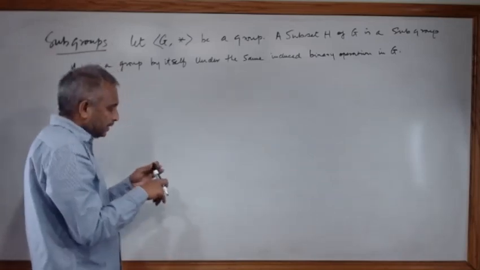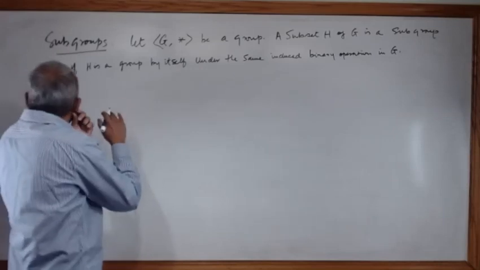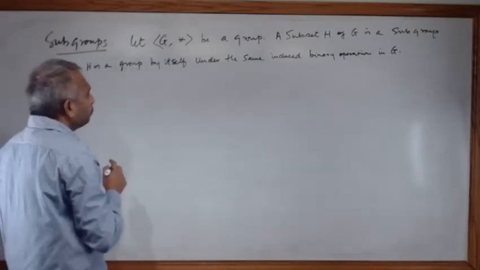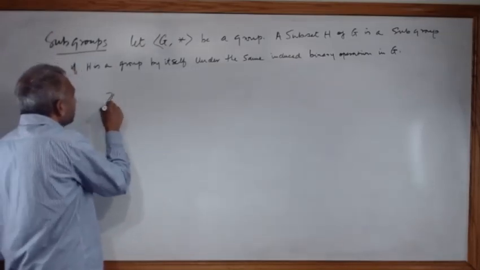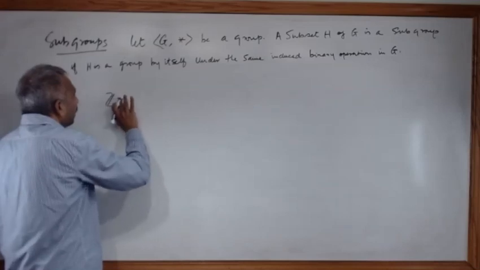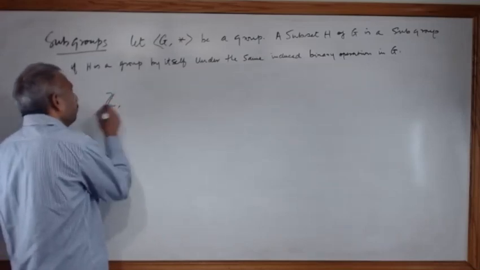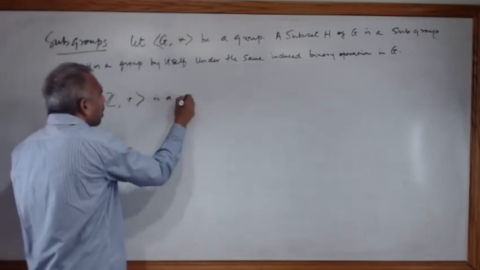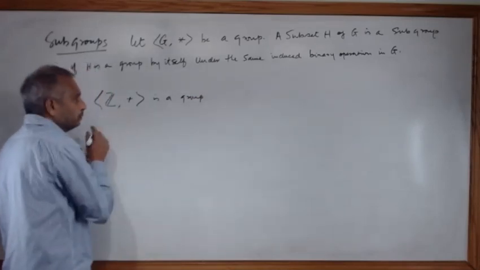So let us take some examples here. We know that Z plus, this is the first group we discussed, is a group, is a countably infinite abelian group.